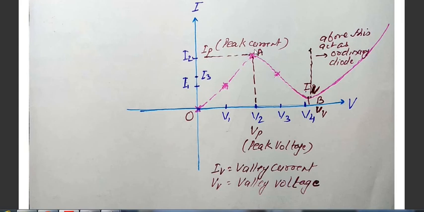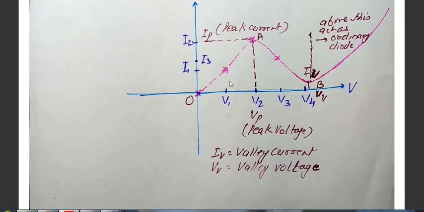So at point A we observe the peak current corresponding to voltage V2, and at point B we observe the valley current IV corresponding to V4 voltage, and above this it behaves as an ordinary PN diode.